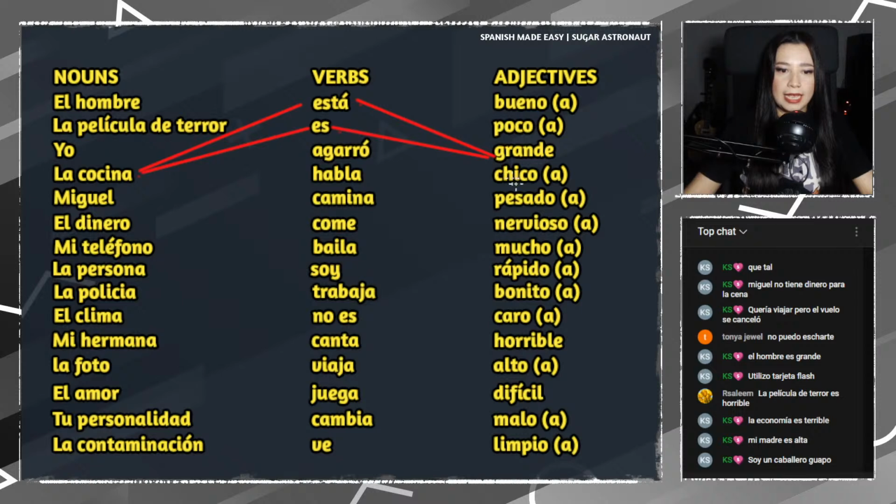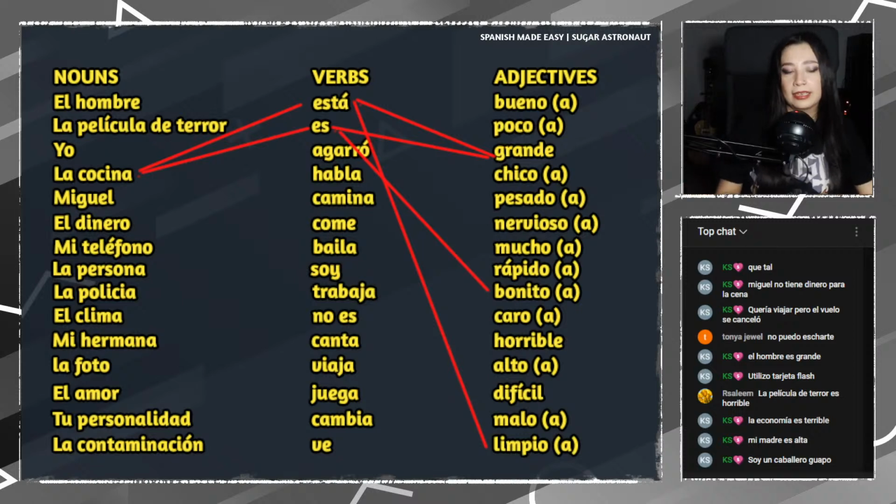La cocina es bonita. The kitchen is pretty. It's a nice place. It looks nice. La cocina está limpia because it can get dirty. So that's temporary.